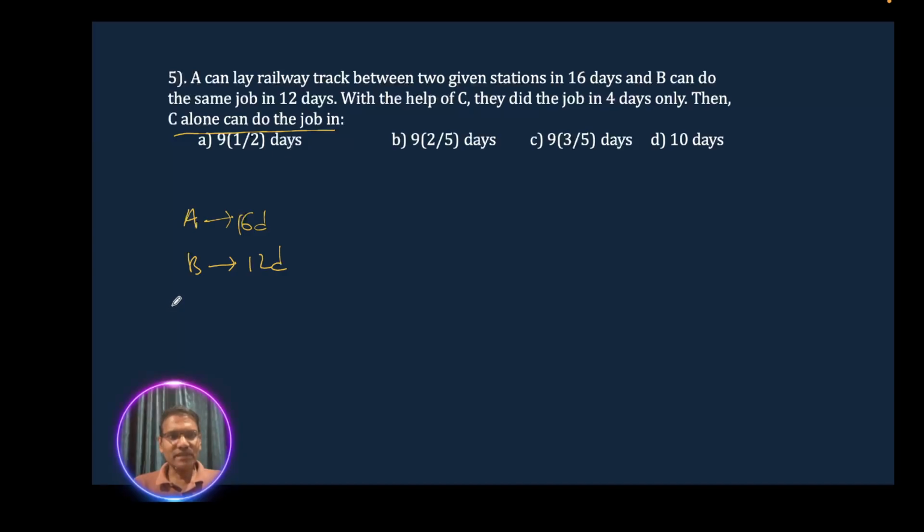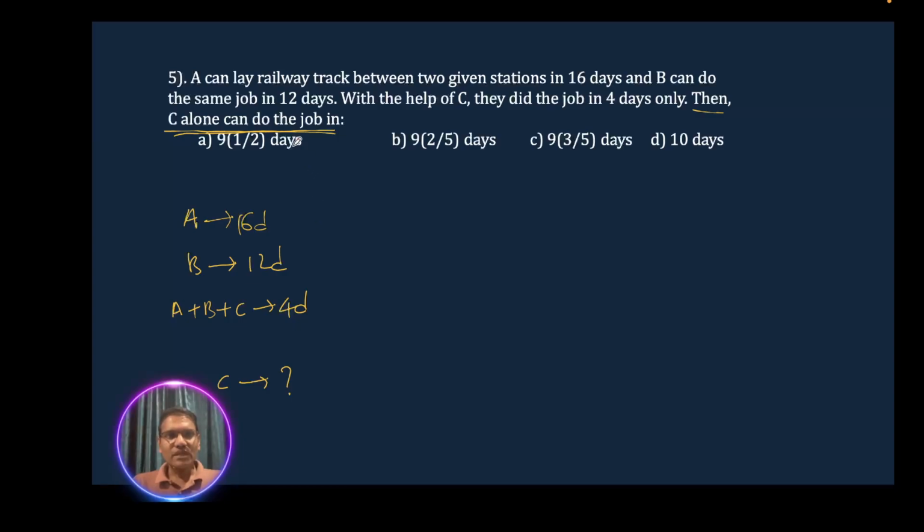With the help of C means along with A and B, C is also working. If all three can do the same job in 4 days, then C alone can do the job in how many days?